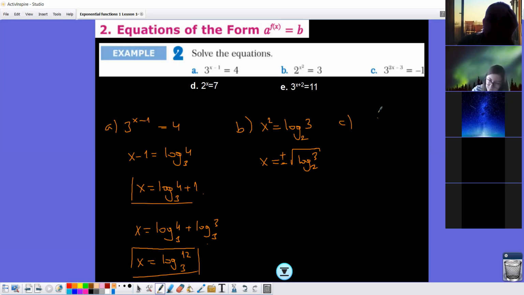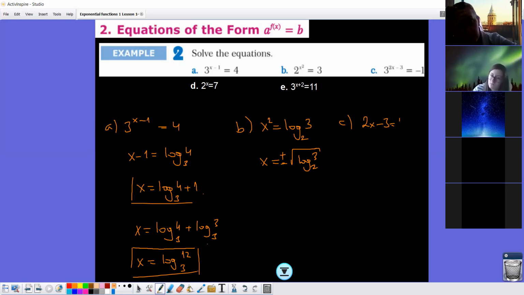2x minus 3 is equal to logarithm of -1 with base 3. But here we need to think firstly, can the result be negative? Look, think like this logically.